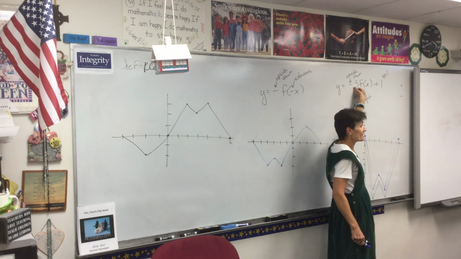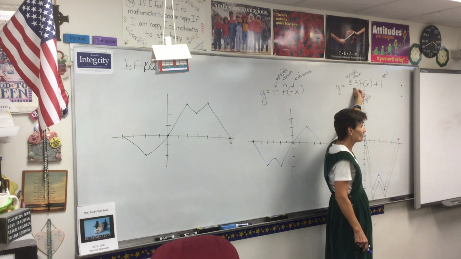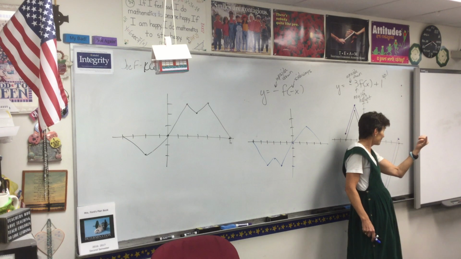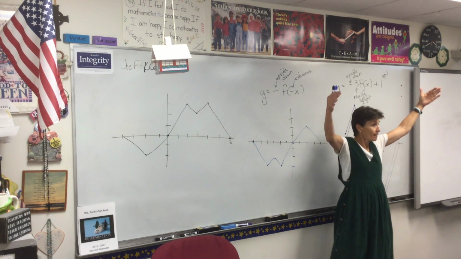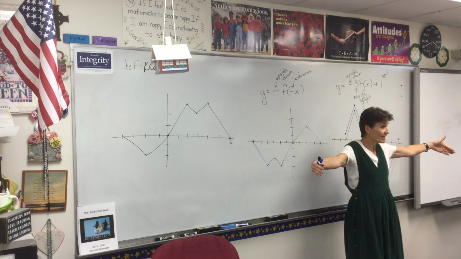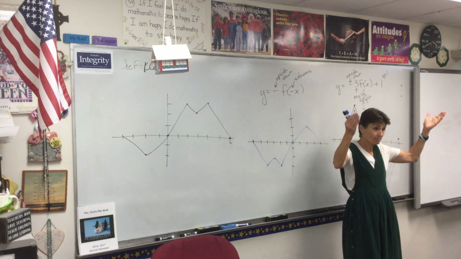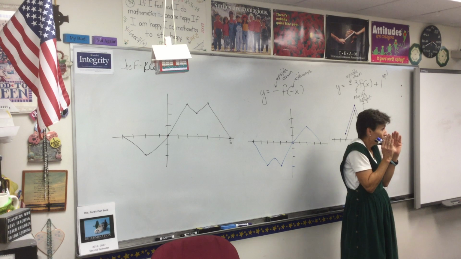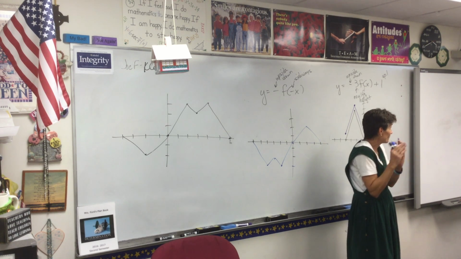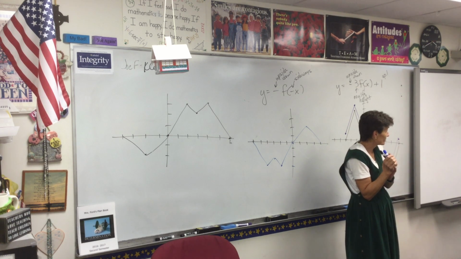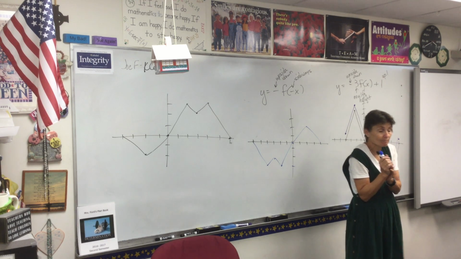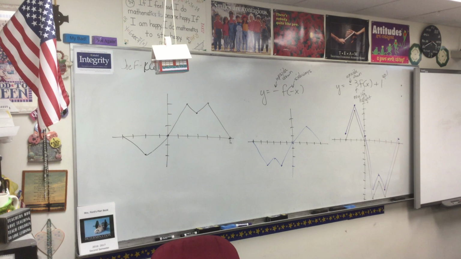A negative on the outside is upside down. A negative on the inside is across Y. Absolute value of the whole thing, bottoms up. Absolute value of just X: whatever you draw on the right, you reproduce on the left. Got it? Okay. Now, let's get our notes out.